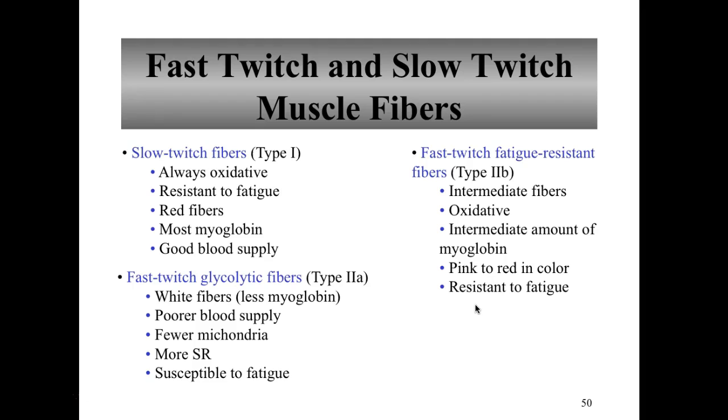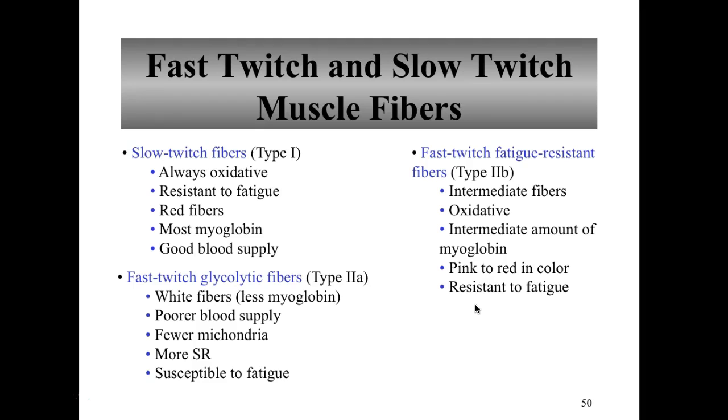The other type are the fast twitch fibers. The fast twitch fibers contain less myoglobin, so we call them the white fibers. Because they contain less myoglobin, less blood, and fewer mitochondria, they have a more extensive sarcoplasmic reticulum that is able to store and reabsorb calcium ions.